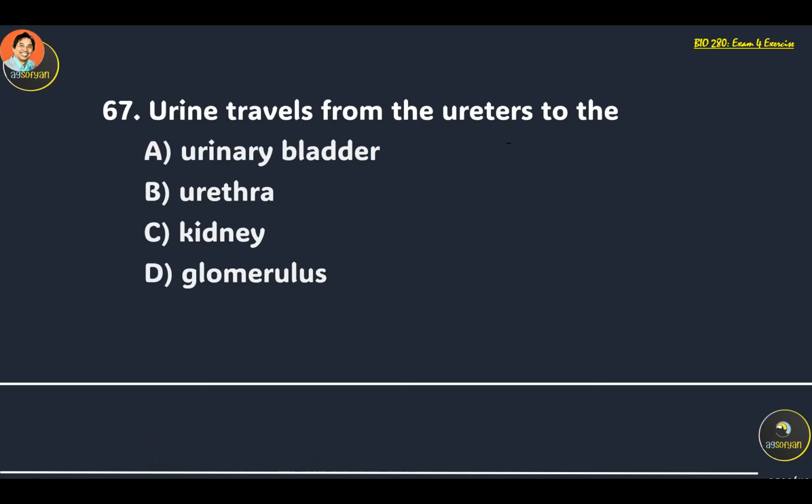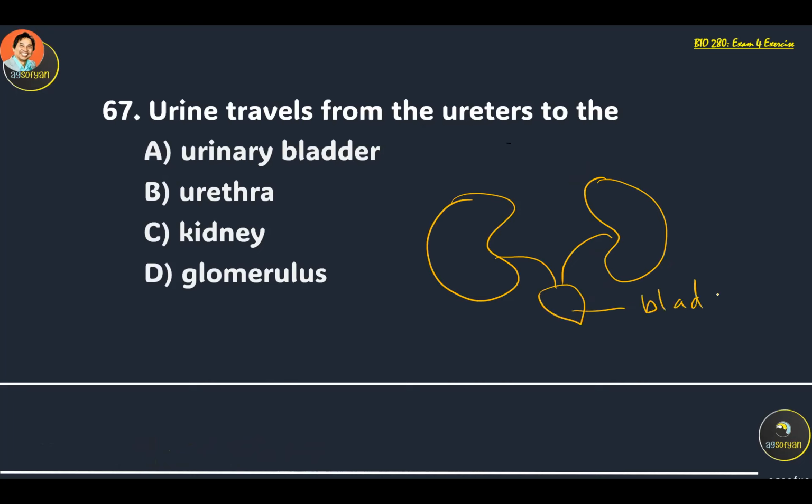Urine travel from the ureters to the A, B, C, or D. Yes, we already mentioned this, ureter, and the urine will go to this. It's going to be bladder over here.